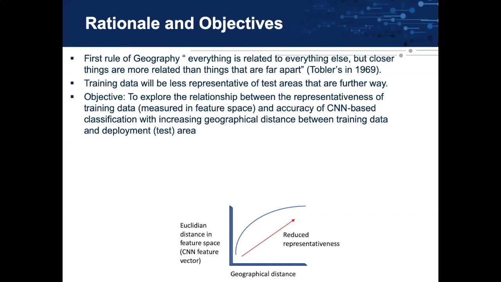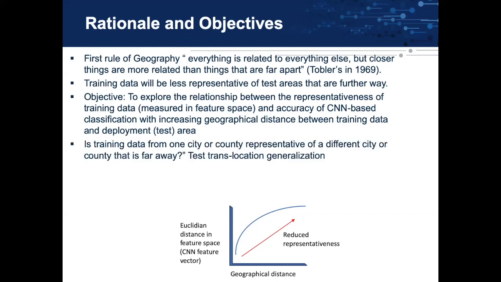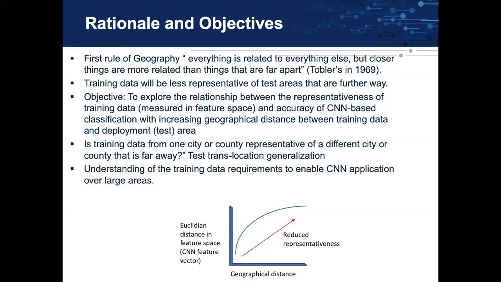So we're essentially testing this hypothesis, whether Euclidean distance increases with geographic distance, and that representativeness of your training data will reduce. So it's essentially testing this translocation generalization that people referred to yesterday.